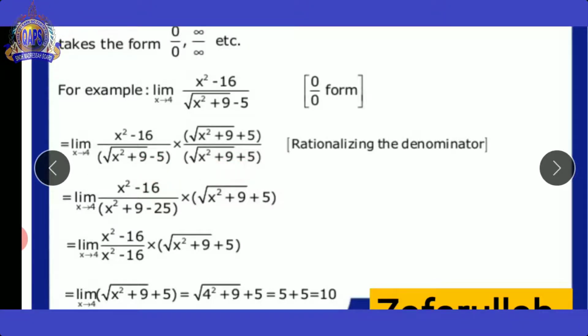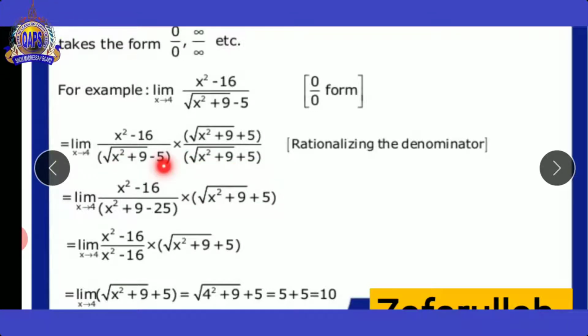Let's suppose this radical is a and this is b.